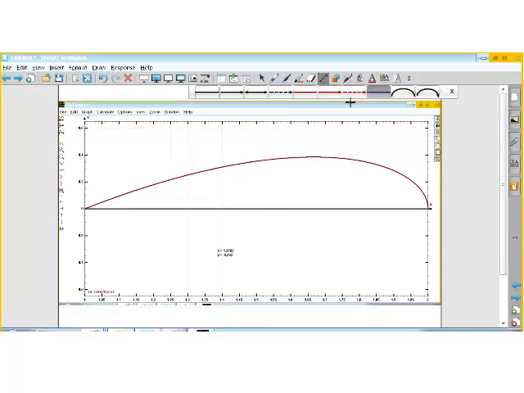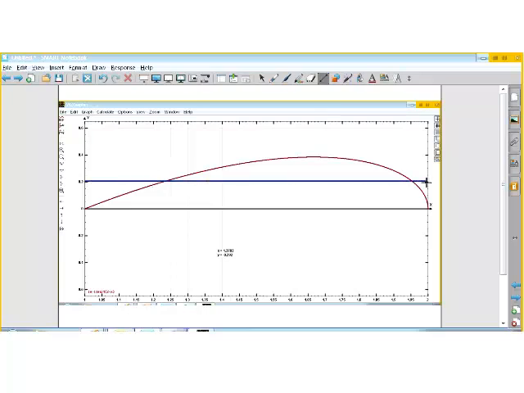If I were to look for the average value of this function, I'm going to draw this horizontal line. What I'm trying to do is make this area equal to this area. That's visually what I'm supposed to do.